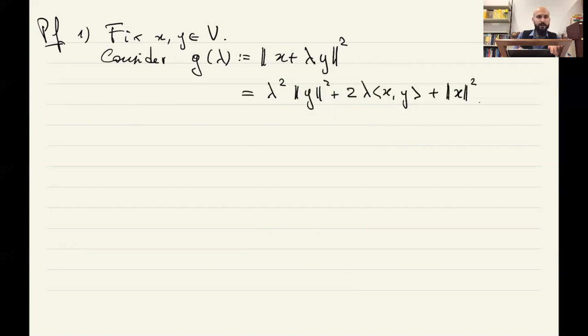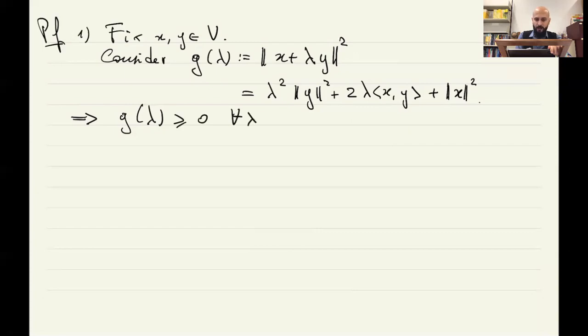Okay, so this is a quadratic polynomial in lambda. So from the fact that scalar products are always greater than 0 if the vector is non-zero, we get that g of lambda is greater than or equal to 0 for all lambda.